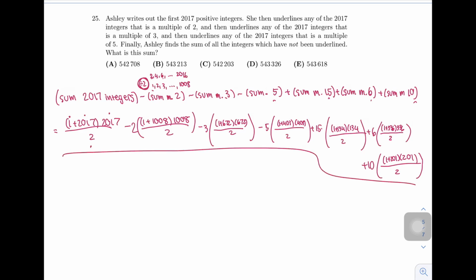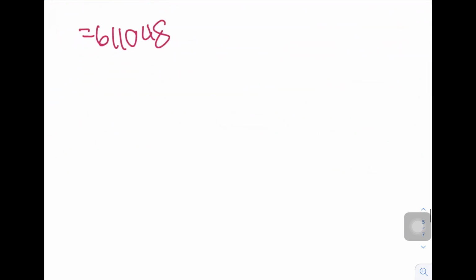So then if we punch all of this into our calculators, we should be getting 611048. But then we also realize that there are overlaps between the lowest common multiples. And we realize that 30 is the lowest common multiple of the lowest common multiples.